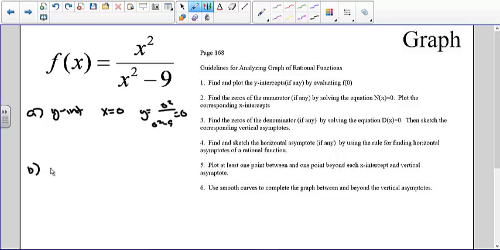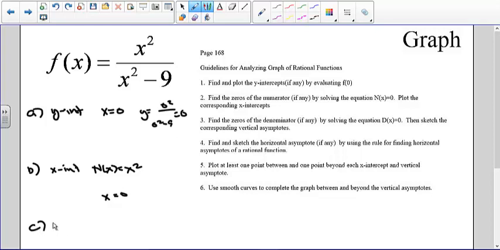B is the x-intercept, and you solve that by setting y equal to 0. To get y equal to 0 in a rational function, you set the numerator equal to 0, and so x squared equals 0, and 0 is the only solution.